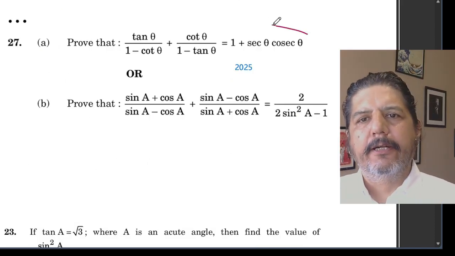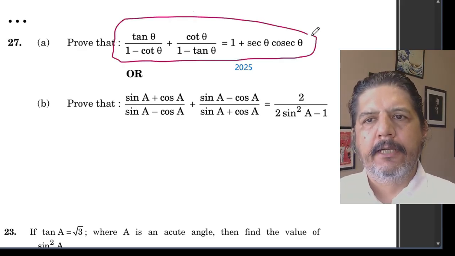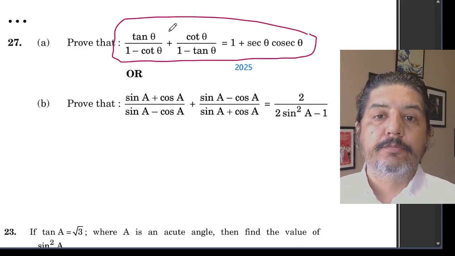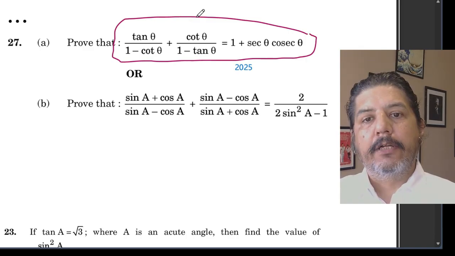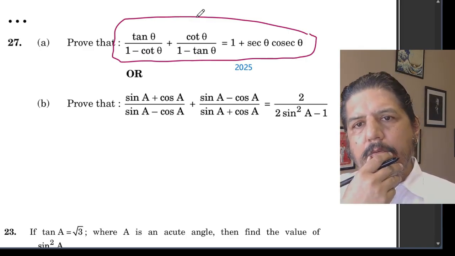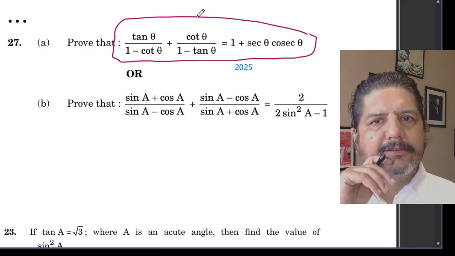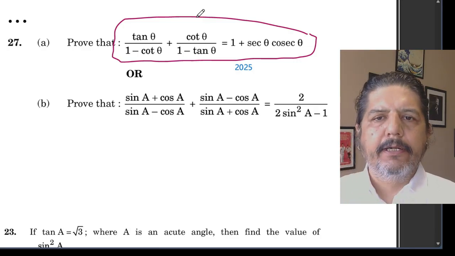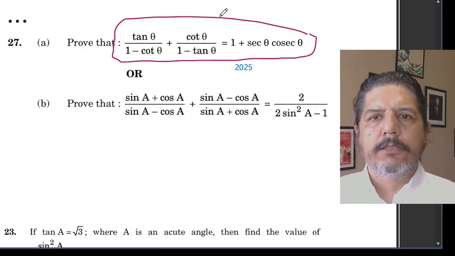So when I look at an identity like this, if I have to prove it, one thing that strikes me is that there are a lot of tan theta, cos theta, cot theta, secant theta, cosecant theta. To simplify the matters and look at this identity clearly, I'll start with the left hand side.